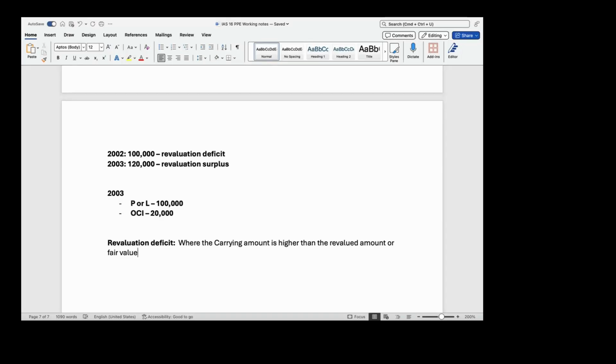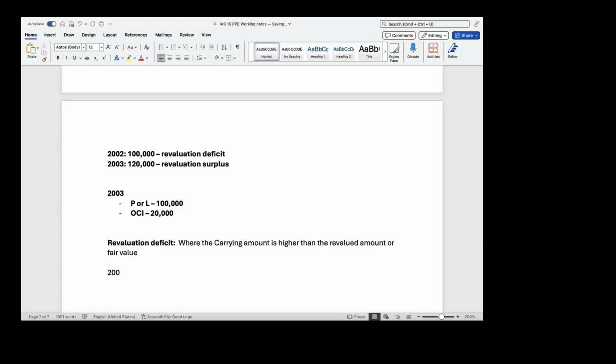When you have a revaluation deficit, it is a loss and should be recognized to P&L immediately. It goes to P&L because it's a loss. But if there was a previous revaluation surplus on the same asset, then that deficit can go to OCI to the extent of that surplus, to net off that surplus. Then any excess can go to P&L.